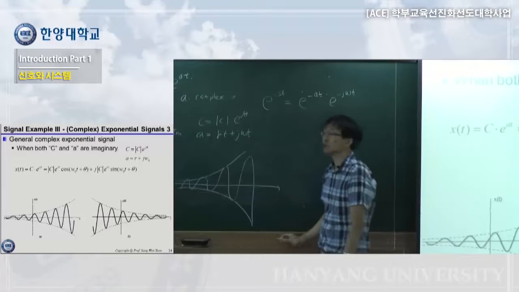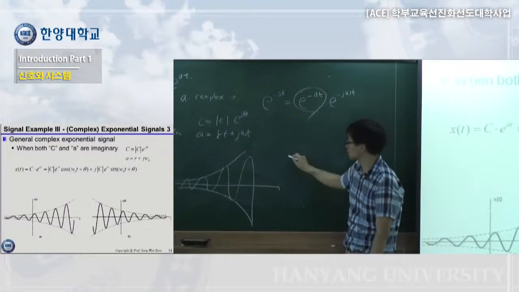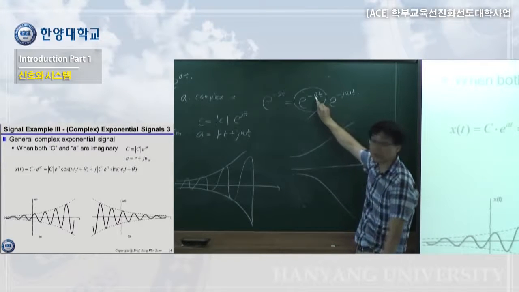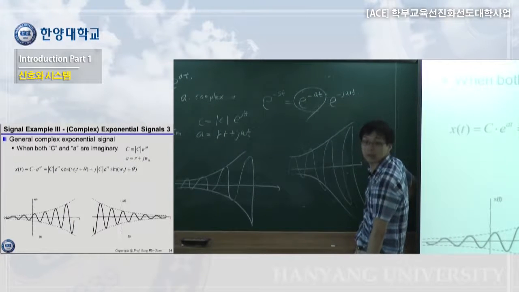If this one diverges, because this A is minus, the value will diverge, right?